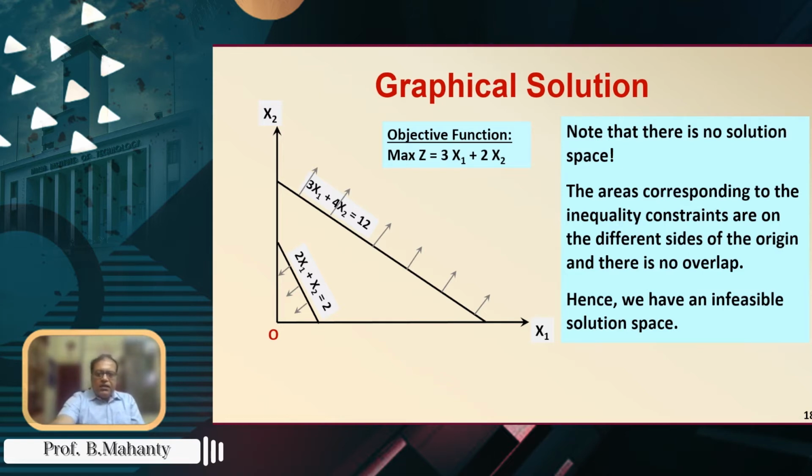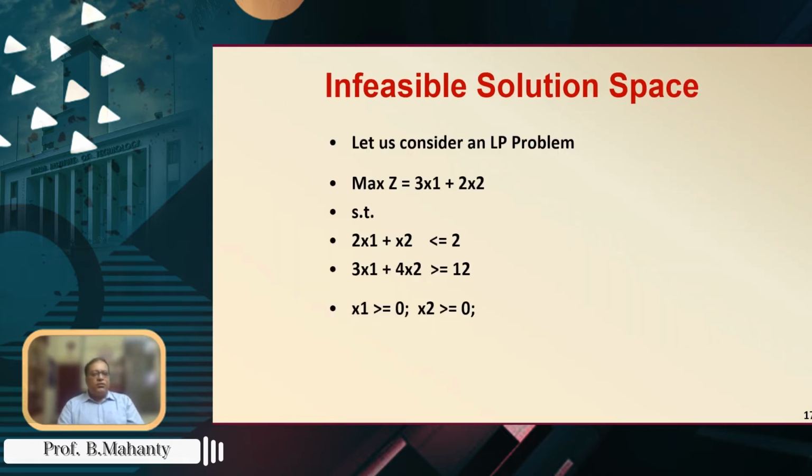So what is really happening here? If you look at this particular problem, we see that these two constraints, one is less than equal to 2 and the other is greater than equal to 12, but there is no overlap in the solution space. Just because one is less than equal to and another is greater than equal to doesn't mean there could not still be overlap, depending on the constant types.